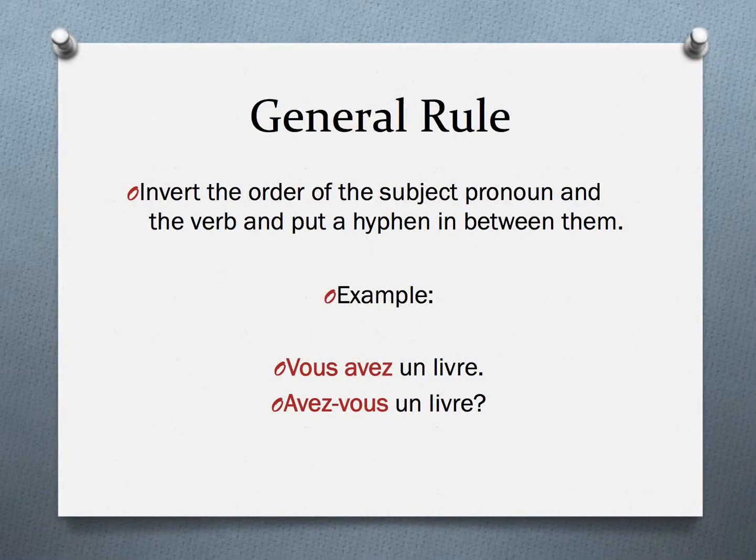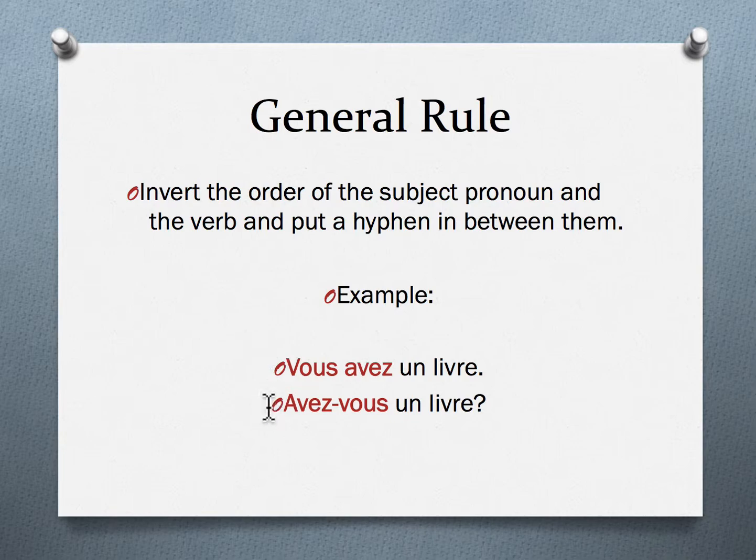Here we go. How to ask questions using the inversion. The general rule: invert the order of the subject pronoun and the verb and put a hyphen in between them. Example. This first sentence here is the statement. Vous avez un livre. You have a book.